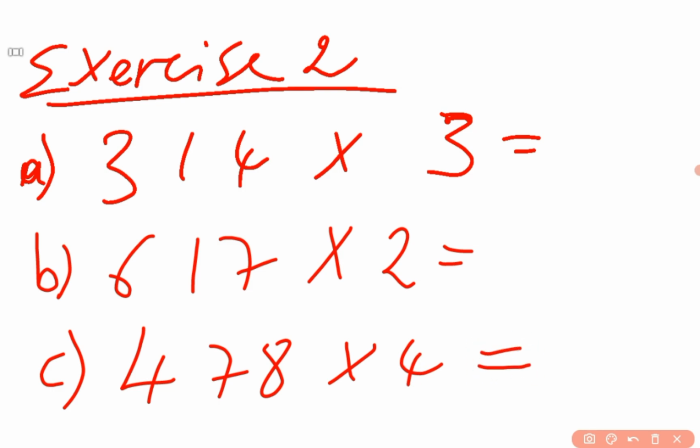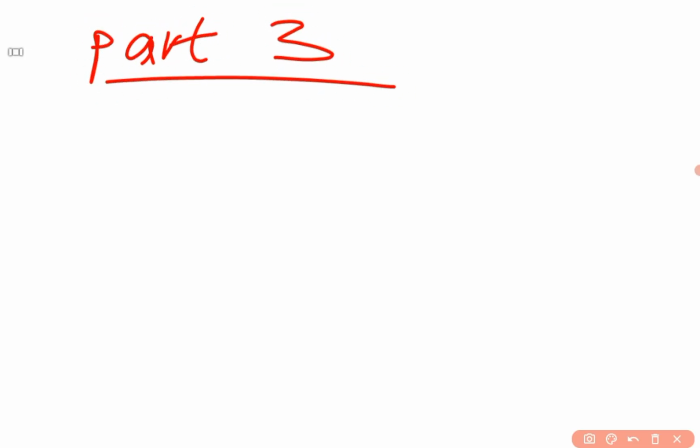Now we'll go to the last part of multiplication. Now that we are here, we are going to take an example. Multiplication part 3. Now here is when we are multiplying.